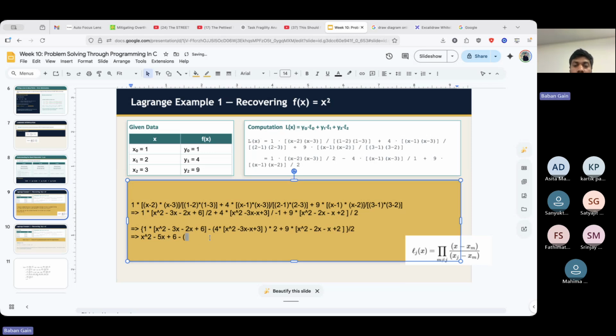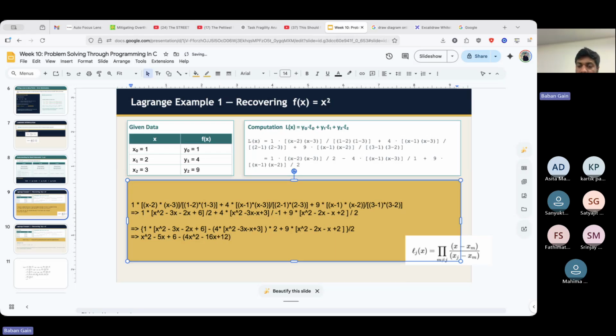So this, if you look here, we can write it as 4x square minus 4 into 3 is 12x minus 4x. So 12x minus 4x is like 16x plus 12.